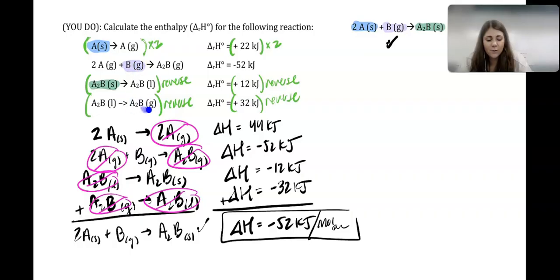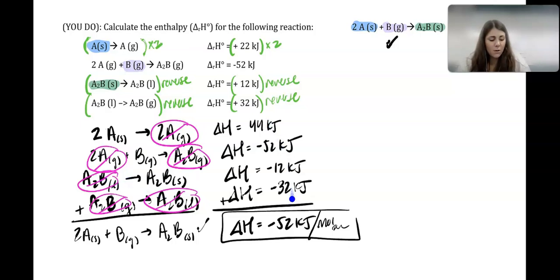So here I can reverse this reaction to bring A2B, switch places, gas and liquid, and then I can get rid of the liquid because we're reversing this one as well. So here you can see all the way down here, the A gases cross off, the A2B gas cross off, and the A2B liquid cross off.